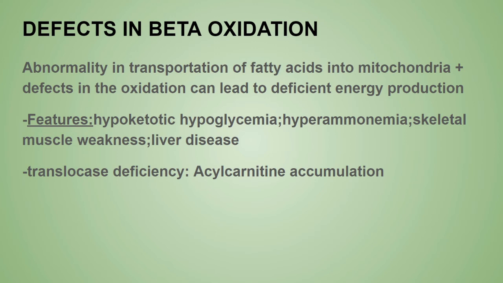So this translocase deficiency also causes acylcarnitine accumulation in the body, and the body tissue accumulates this. Dietary supplementation of carnitine has been found to improve the symptoms of this in some cases.